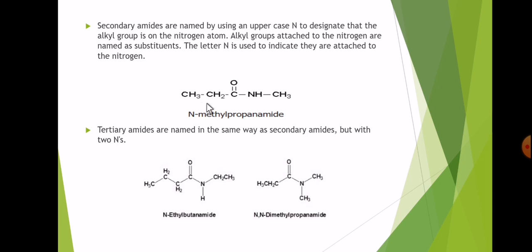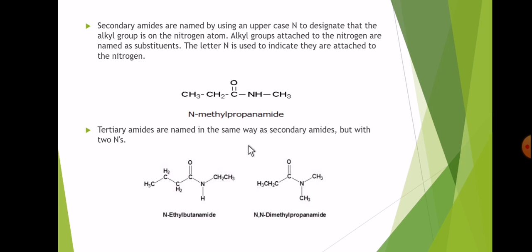On the other hand, we have an ethyl group, but we have to count from here 1, 2, 3, so propane, and this will be the alkyl chain because this is the longest chain. So capital N for the methyl, N-methyl propane, and we have to replace the ending with amide, so N-methylpropanamide.